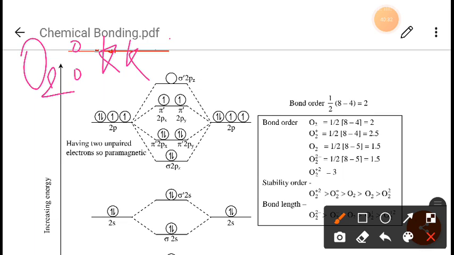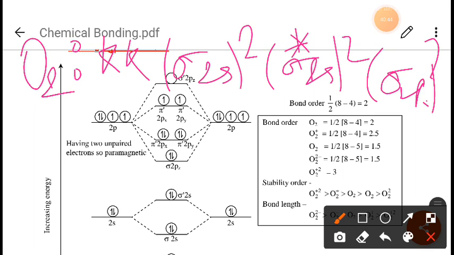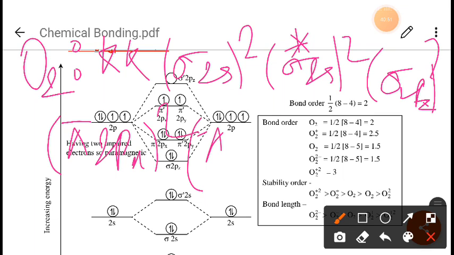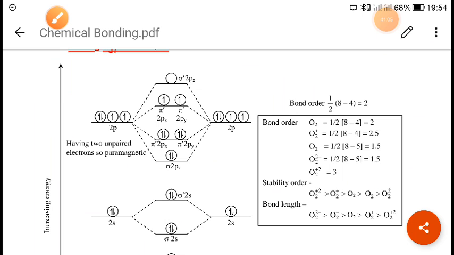After that it will be sigma 2s square, sigma star 2s square, after that sigma 2pz square, after that pi 2px square, pi 2py square, after that pi star 2px 1, and in the last pi star 2py 1, right? So this will be the electronic configuration.